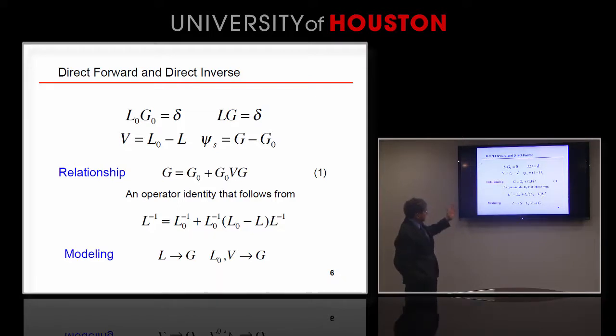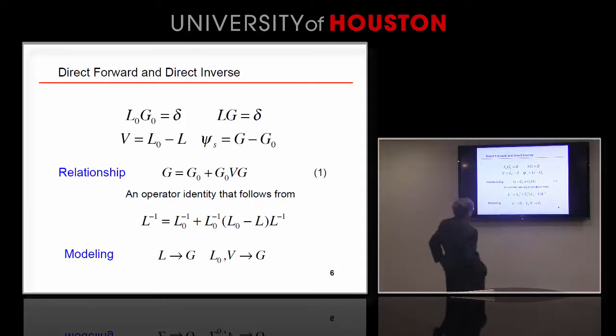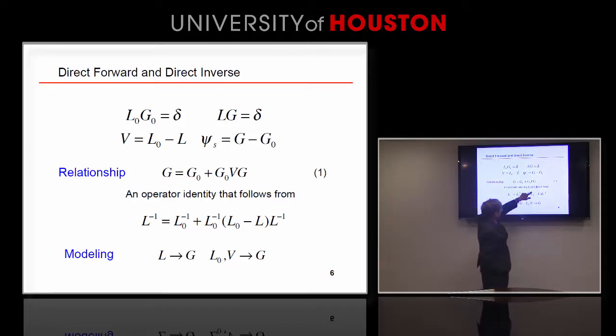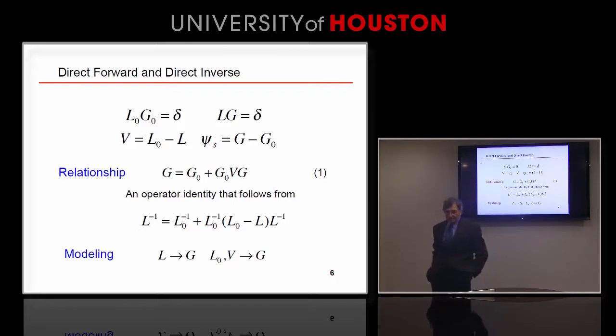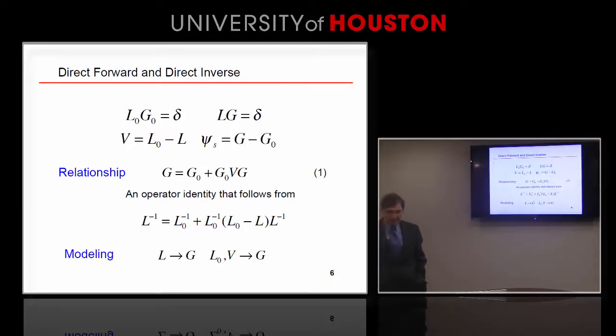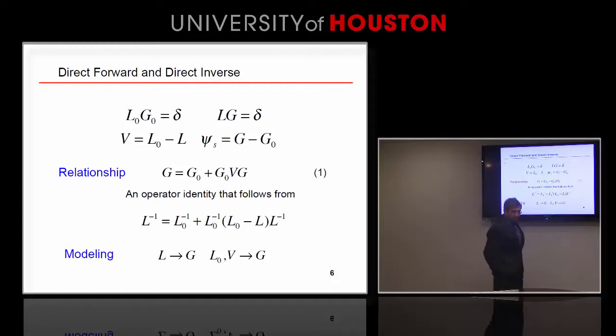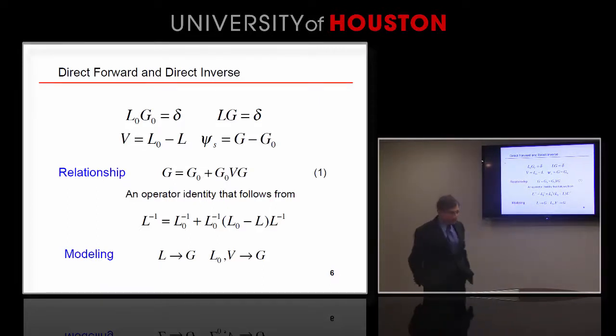It doesn't care whether L and L0 are acoustic, elastic, electromagnetic, Schrödinger, whatever. Whatever L, L0, G, and G0 are, they satisfy that equation. That's an identity as strong and clear and true as the Pythagorean theorem for right triangles, a squared plus b squared is c squared, and this sits on similarly firm ground. So that is a very important message of this talk.